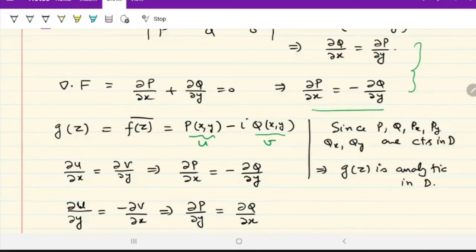So what we have proved is, if we have a velocity field P i cap plus Q j cap, then its complex representation will be P plus Qi. Then P plus Qi, which we are denoting by small f, may not be analytic, but the conjugate of f(z), which is P minus Qi, is an analytic function. So the velocity field of an irrotational and incompressible flow gives you an analytic function.